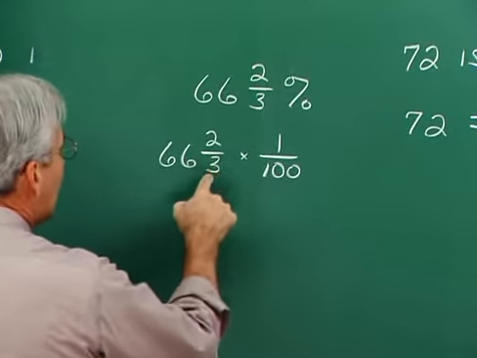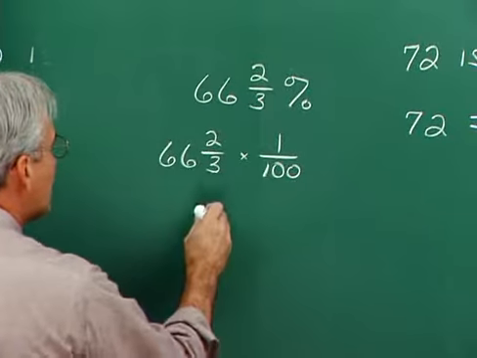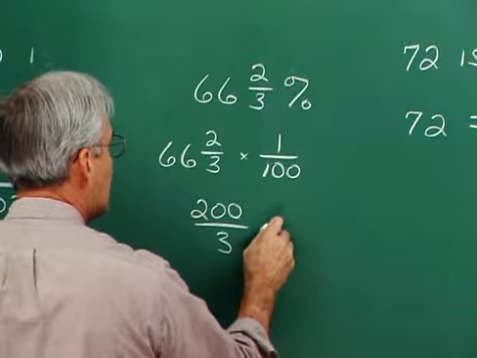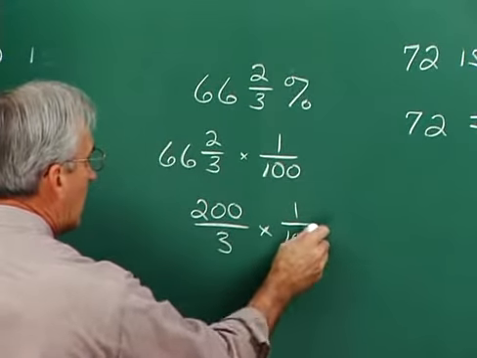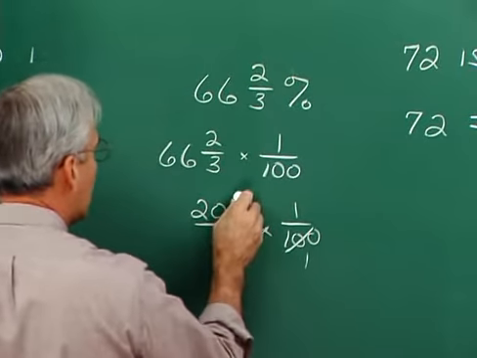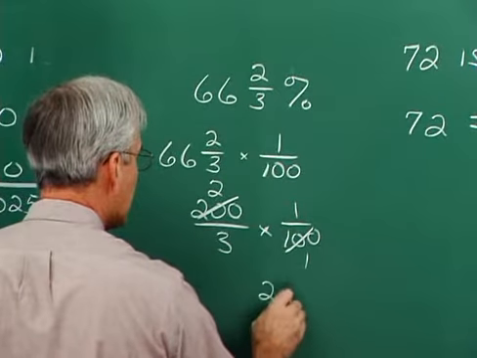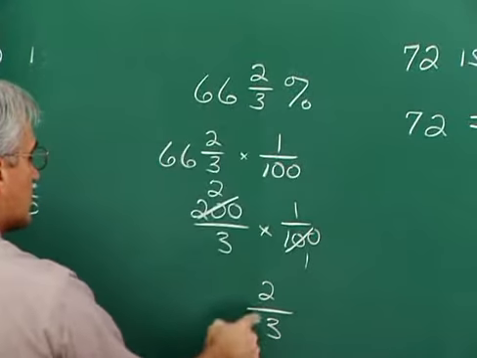Now we multiply. Let's see, 3 times 66 turns out to be 198, plus 2 is 200. So we have 200 over 3 times 1/100. The 100 and 200 can cancel. 100 into 100 goes one time. 100 into 200 goes two times. Multiplying straight across, 2 times 1 is 2. 3 times 1 is 3. So 66 2/3% is 2/3.